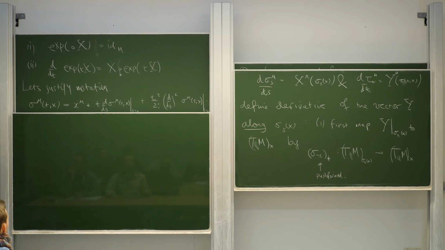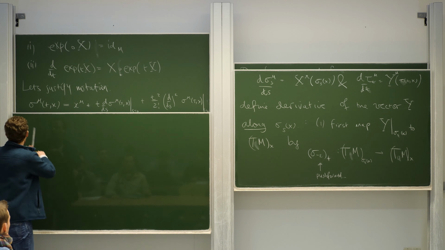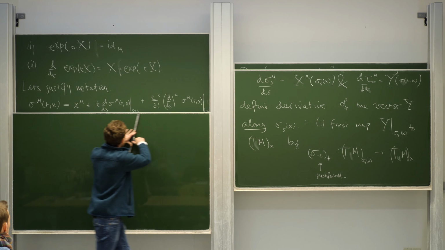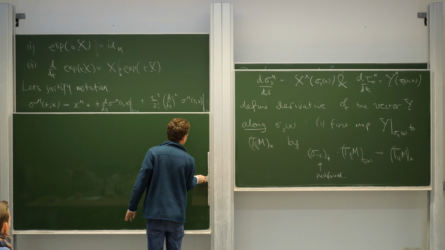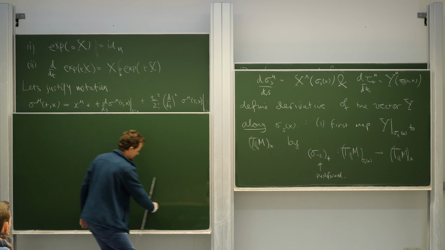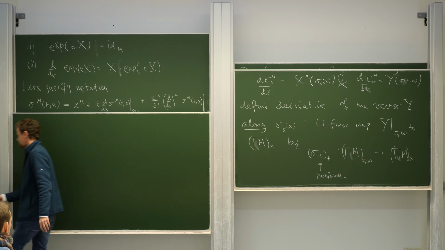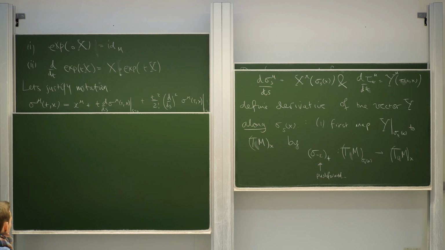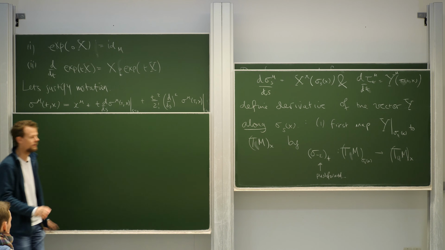And then the second step is you take the difference. Now you've got two vectors at x, take the difference if you like. And the third step is to let epsilon go to 0 and divide by epsilon. And that should give us a way to differentiate vectors.